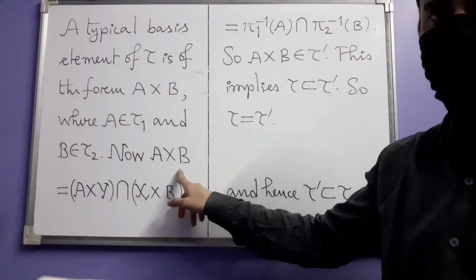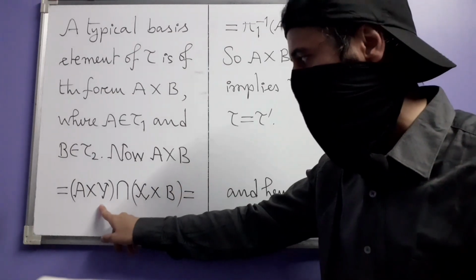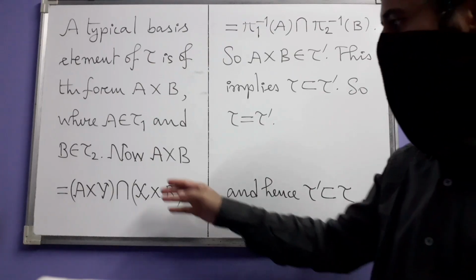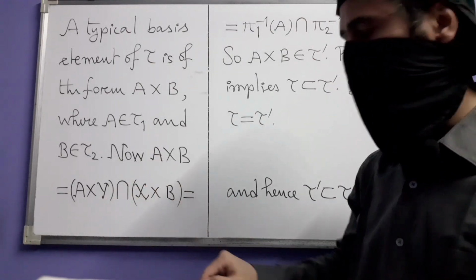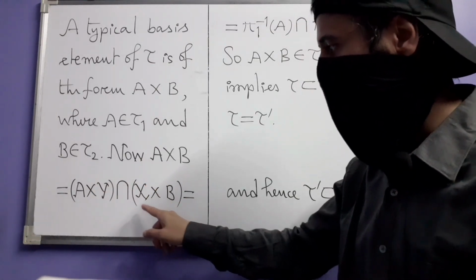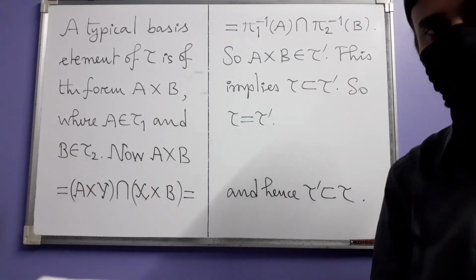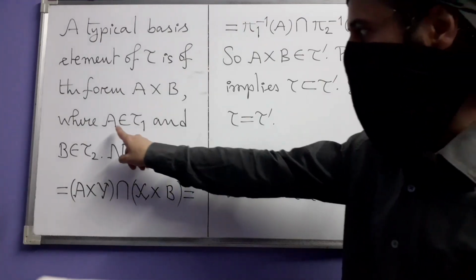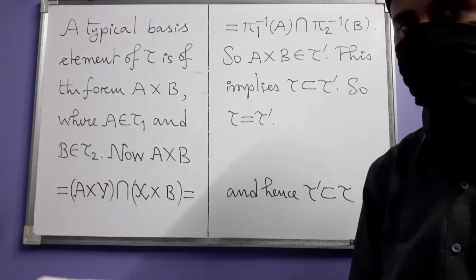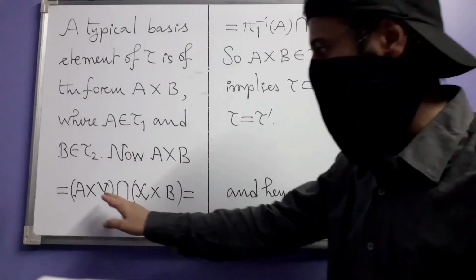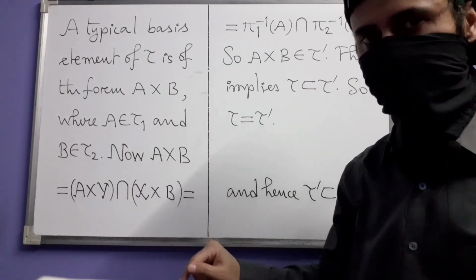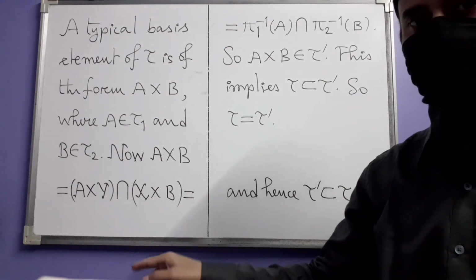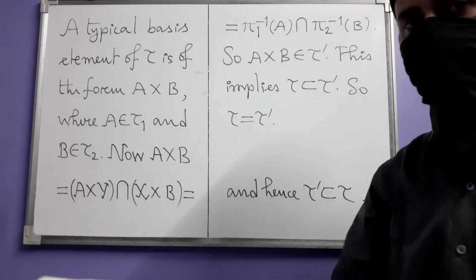In place of A times B, you can also write A times Y intersection X times B, and that is because this intersection equals A intersection X times Y intersection B, because A is a subset of X. Why is A a subset of X? Because A is coming from the topology on X. So A is basically a subset of X. So A intersection X is equal to A, and just like that, because B is a subset of Y, Y intersection B is equal to B. So you get this back.